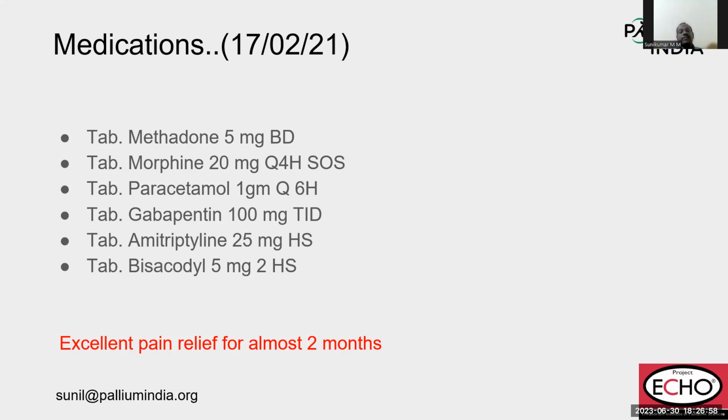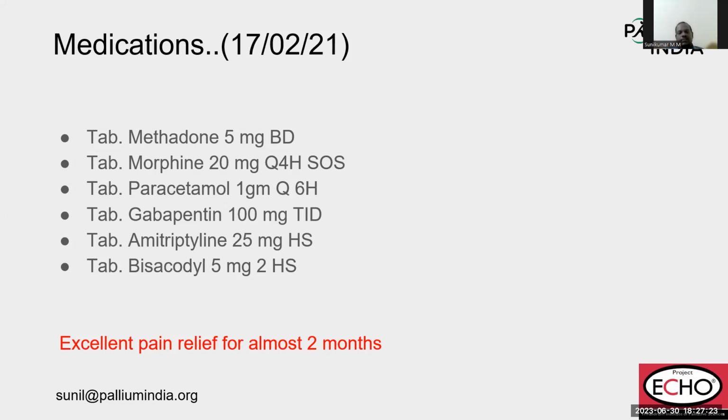So till that time, we cannot say that even if the patient is on optimal dose of gabapentin and amitriptyline, will she get good pain relief? We cannot answer that now. But one thing is sure, that it will take a long time to step up the dose and to have it optimal.